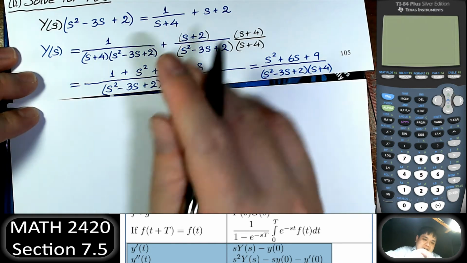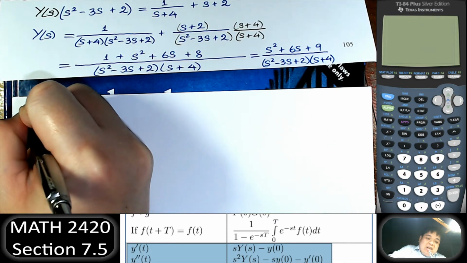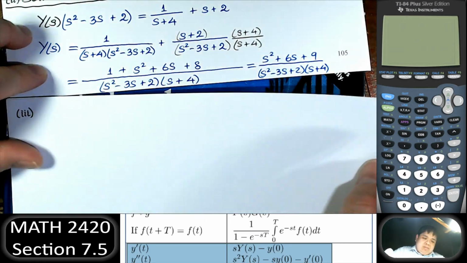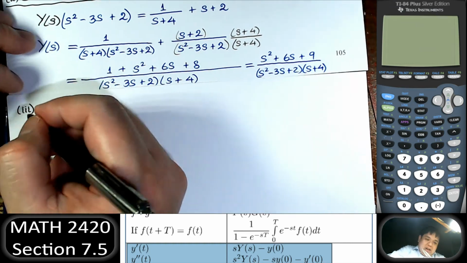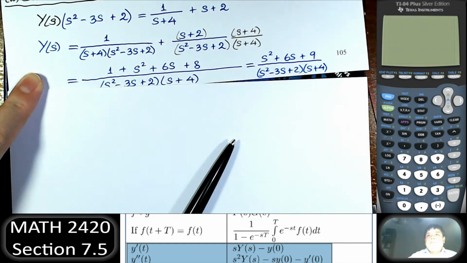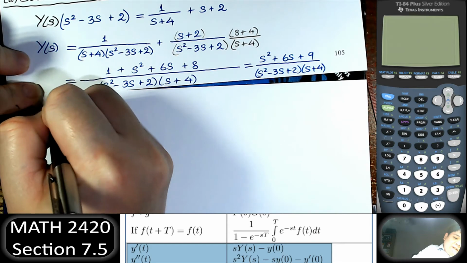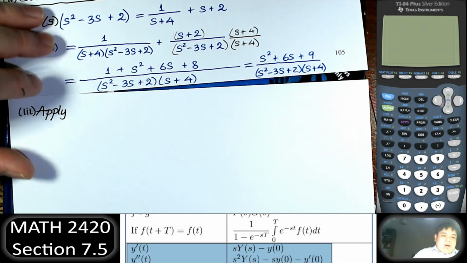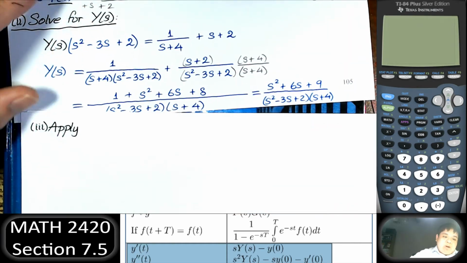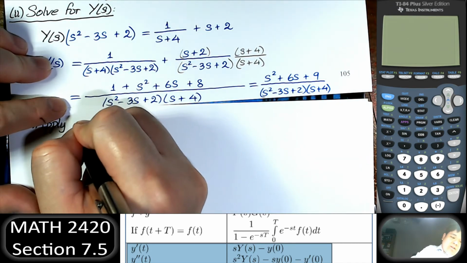For this section and the next section, some problems will take a lot of time, and to save time, I don't want to make the video extra long. So we might skip some steps that we did before, like in the last two problems. Next, we apply the inverse Laplace transform.